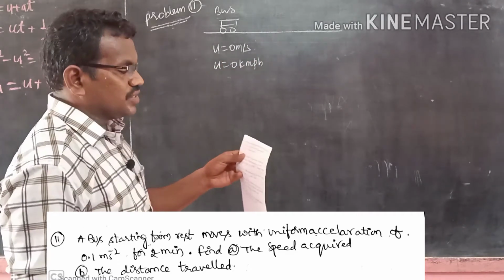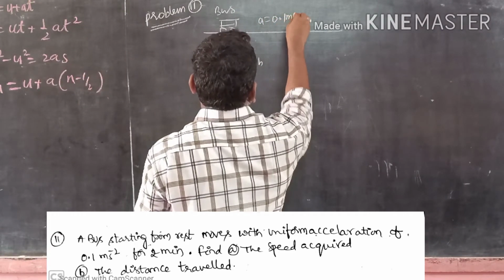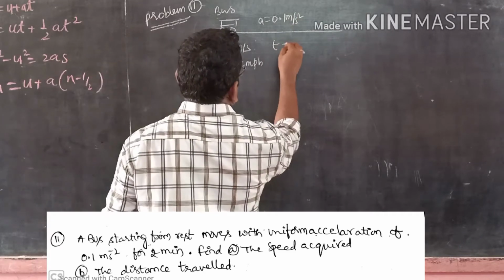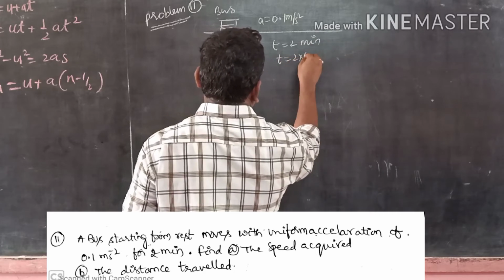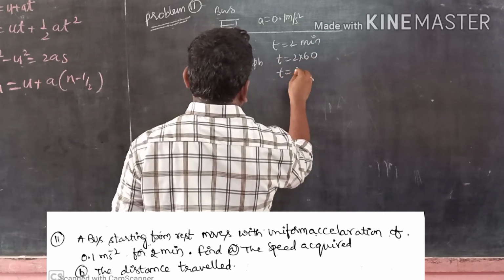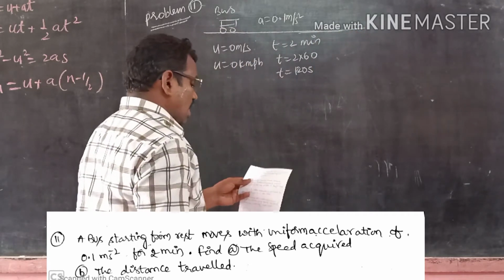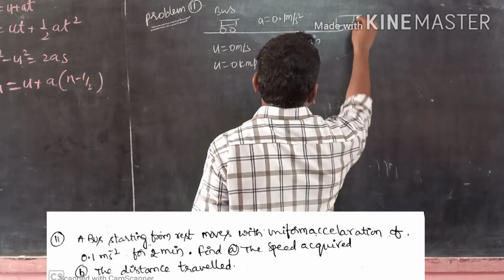It is moving with a uniform acceleration, so a is equal to 0.1 meter per second square for 2 minutes. So t is equal to 2 into 60, t is equal to 120 seconds.